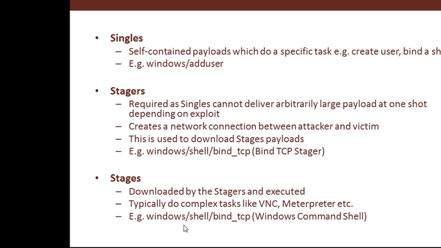Taking the same example as above, Windows shell bind TCP is a Windows command shell stage, which is being imported across the network using a bind TCP stager. So hopefully the difference between singles, stagers, and stages is clear in your mind now. If not, don't worry. In later videos, we'll take multiple examples of each of these payloads, and at that time it should be more clear.